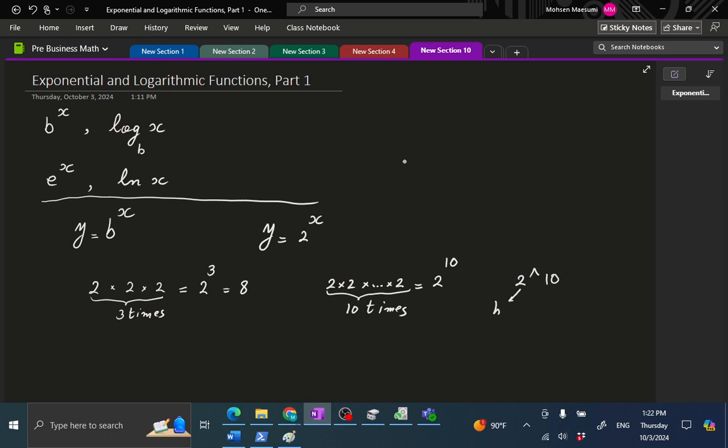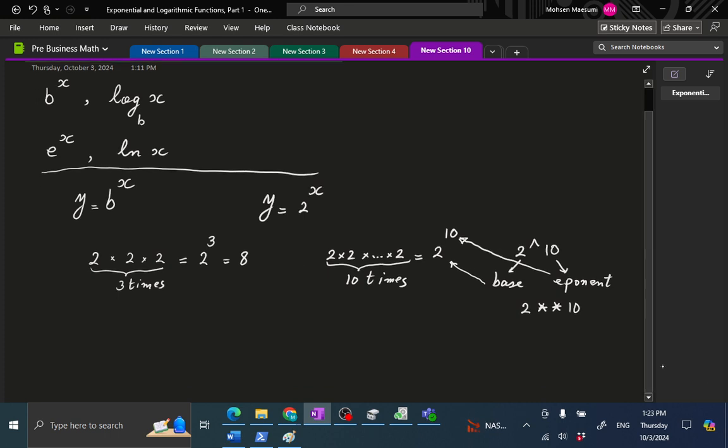So this is referred to as the base, and this is referred to as the exponent. Again, this is the base, and this is the exponent. Another notation you might come across, perhaps in a calculator or computer program, is a double multiplication sign next to each other to indicate what they want to do.